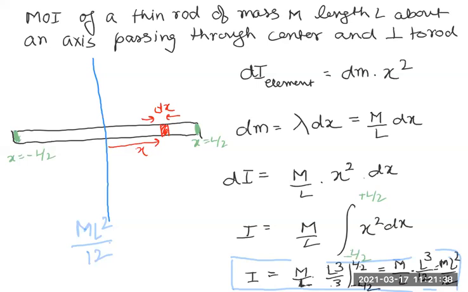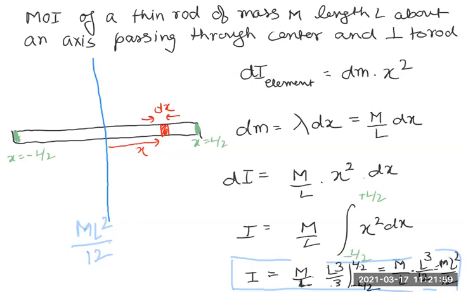Now you look at the slices at the very end, okay? So you look at this slice and you look at this slice and you ask yourself, what is the value of x for this slice?